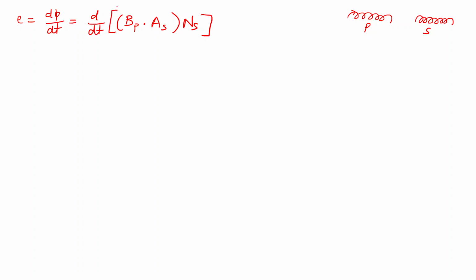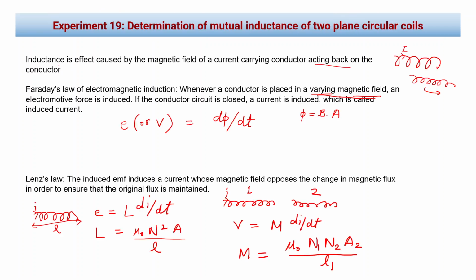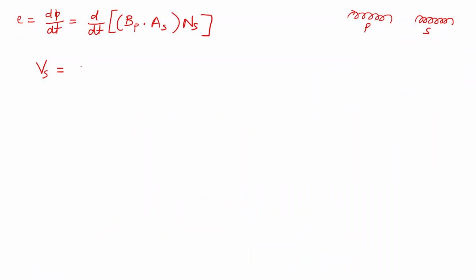So this is the magnetic flux. By definition, the EMF generated in the secondary coil is given using the mutual inductance for these coils.